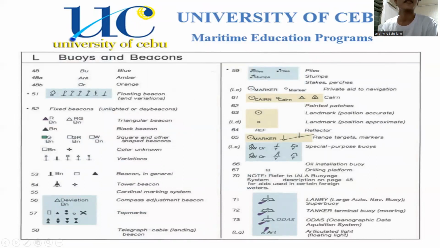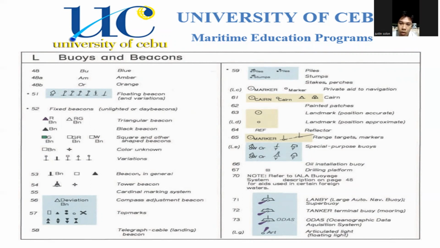Next reporter is Decadet Salon. For continuation, I am Decadet Salon, and this is buoys and beacons. What is the purpose of this? For us to be familiar with these symbols, which can be seen on charts and on board.